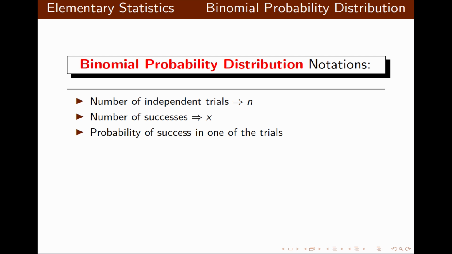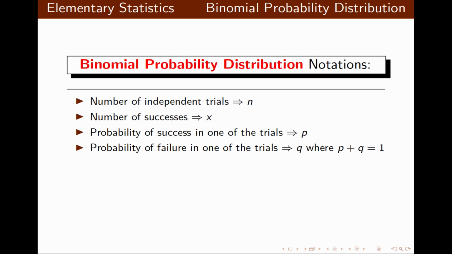The probability of success in any of the trials is p. The probability of failure in any of the trials is q, where p plus q is always equal to 1.